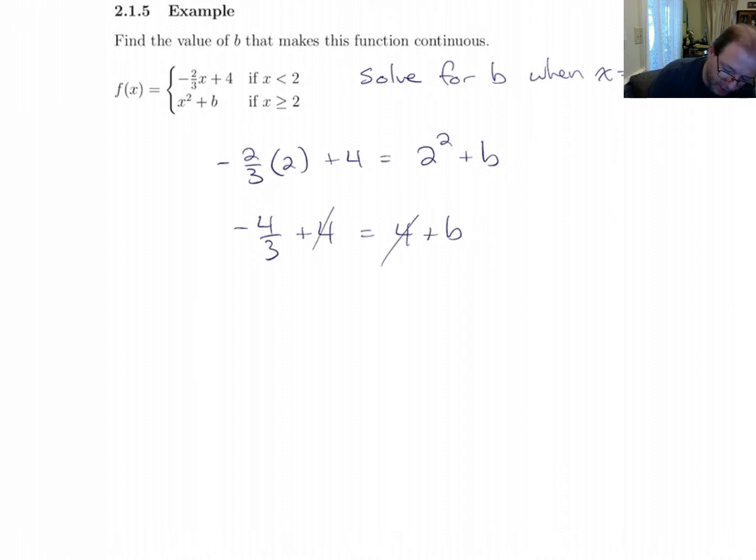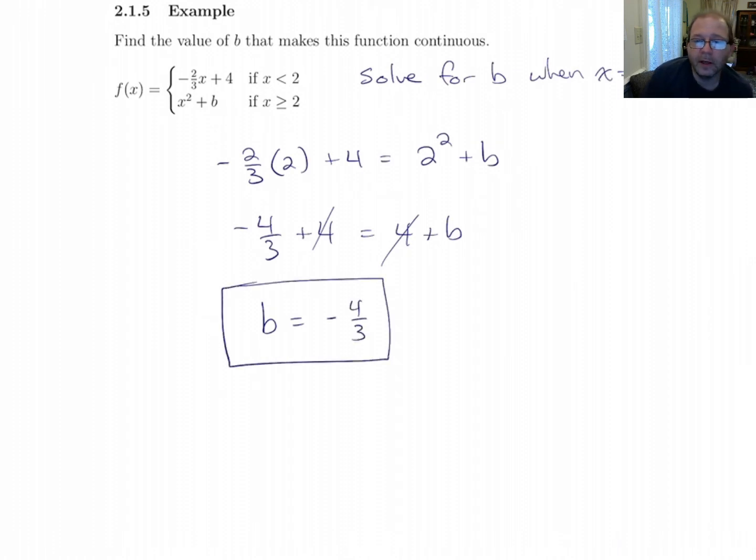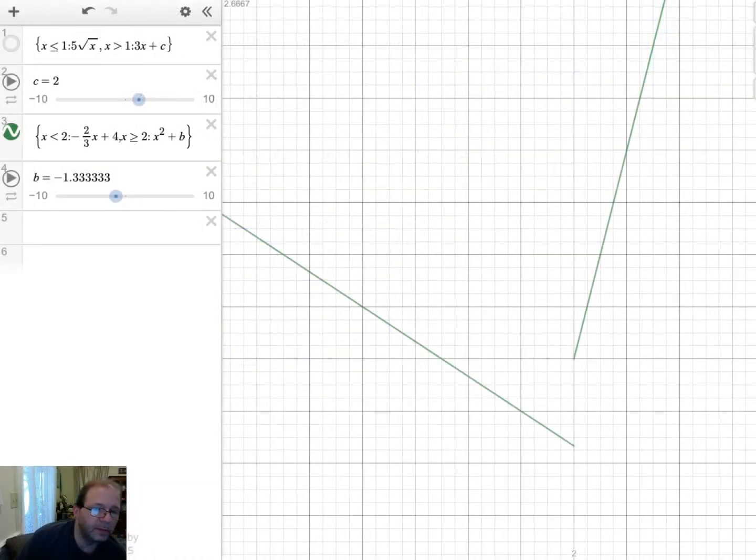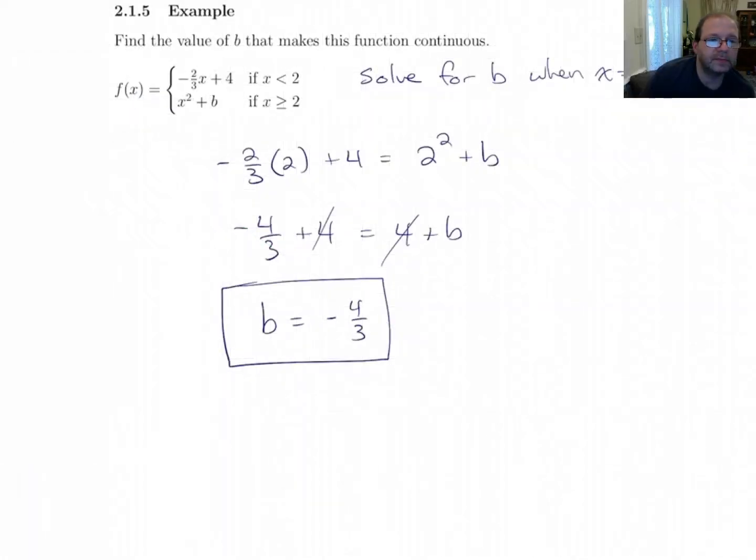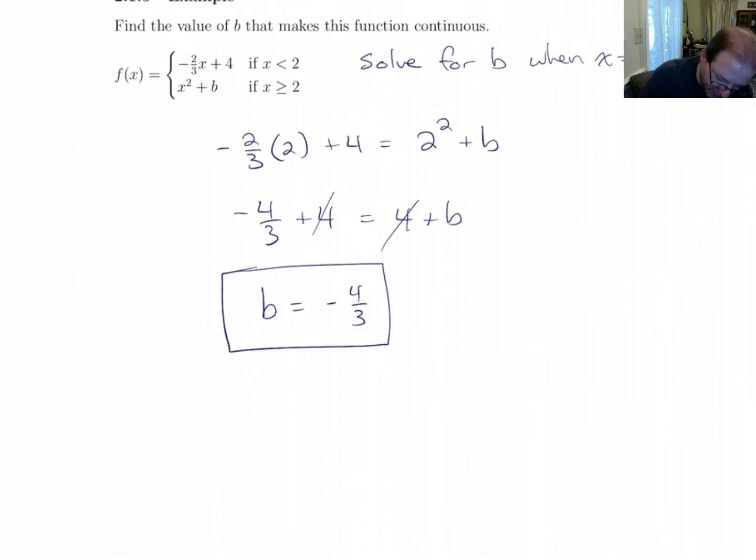We can just subtract 4 off of both sides, and b is negative 4/3. And that's it. And if you go back to Desmos, that's what we were approaching: b is negative 1 1/3, which is negative 4/3. All right, let's see. Looks like that's it for this section.